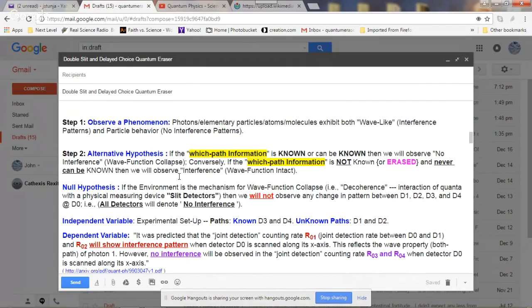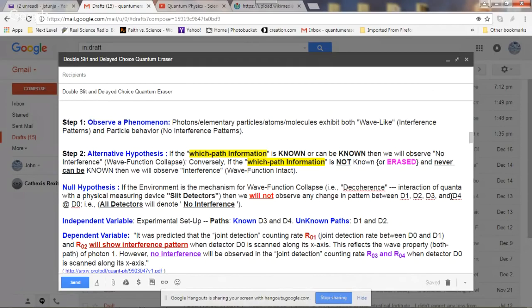And of course, the null hypothesis is if the environment, that is the slit detectors, is the mechanism for wave function collapse or causing it, that's called decoherence, of quanta with a physical measuring device, and in this case, like I said, it's slit detectors, not the catcher's mitt, then we will not observe any change in pattern between the catcher's mitts.